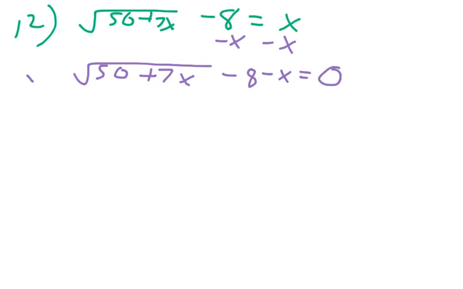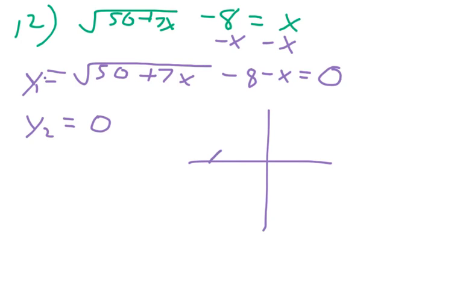So I am going to put this into y1, and I'm going to put y2 equals 0. And on my graph I see something that looks like this. Not a great picture, but it looks as though there are two answers, one right here and one right here. And so I'm going to find out where the intersections are.